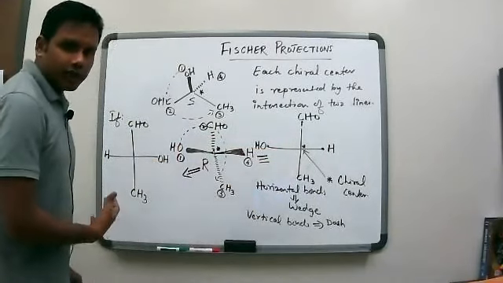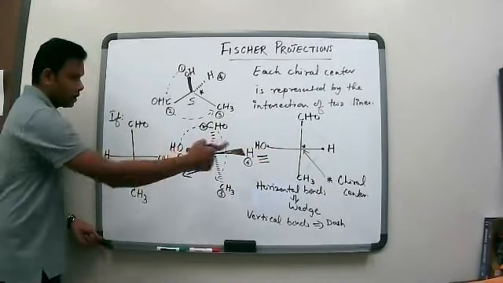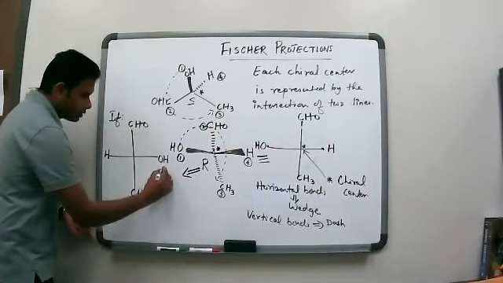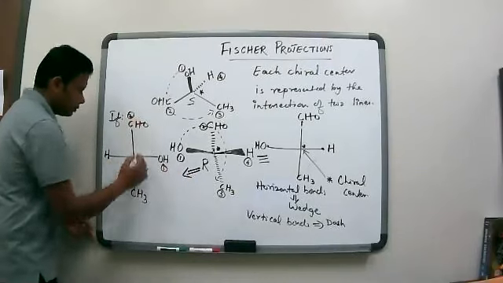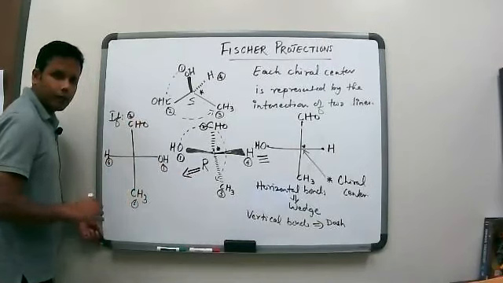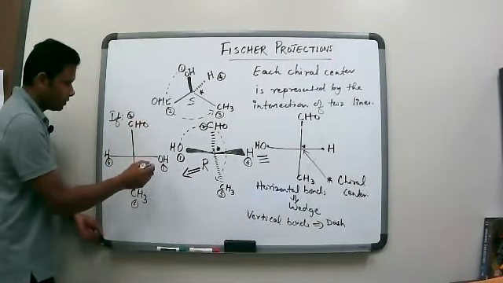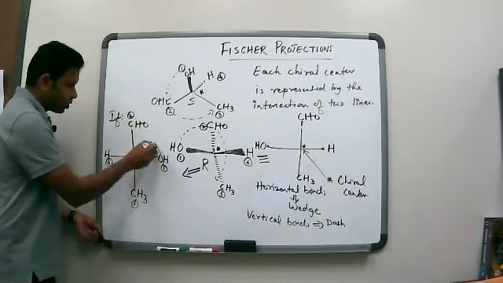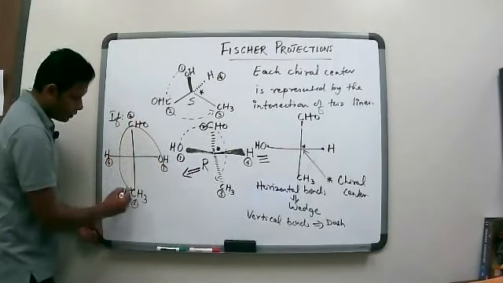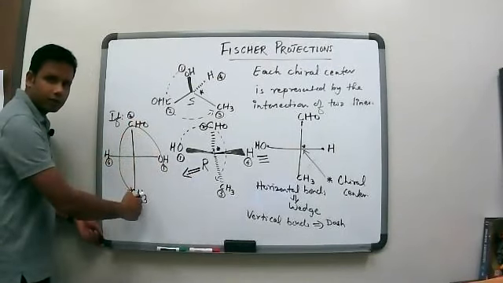So let's say that's the Fischer projection that I start with. Now I can transfer all the priorities here. This is 1, this is 2, 3, and that's 4. If I assign configuration to this, going from 1 to 2 to 3 is a counterclockwise rotation.